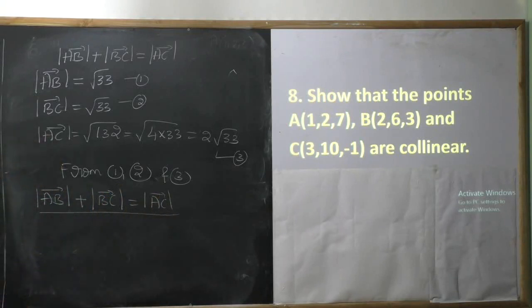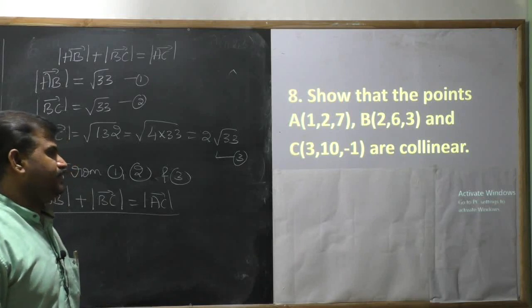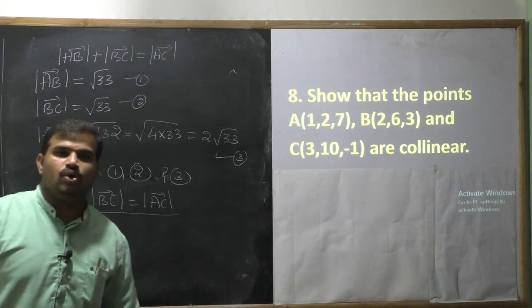This shows that your 3 points A, B, C are collinear.